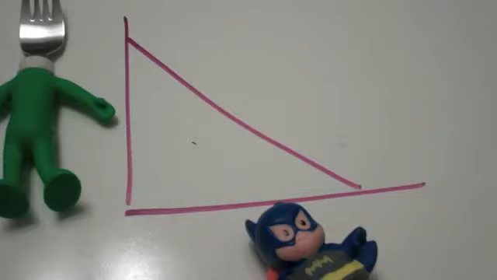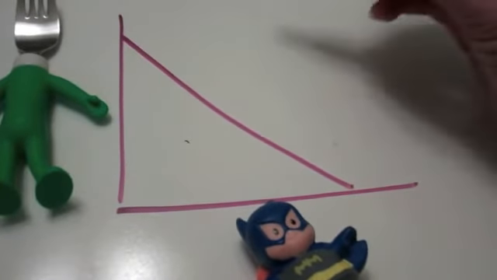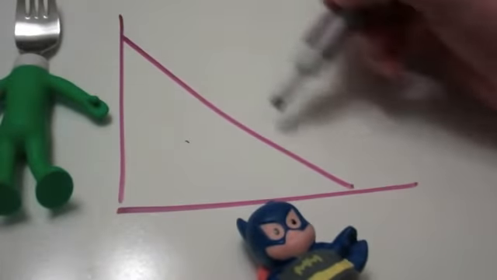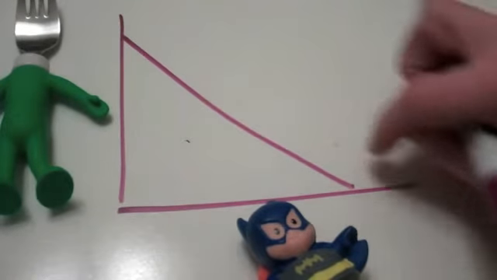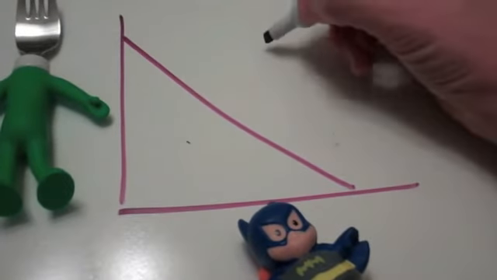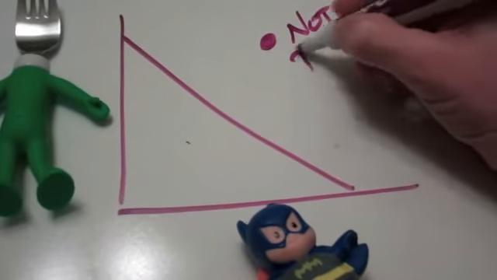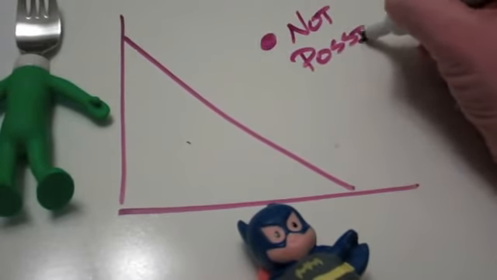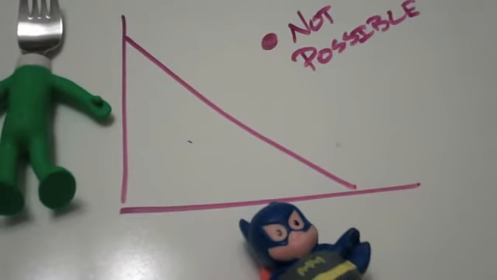And here's why. The reason why, through the magic of video editing here, I have a new graph, is that this line, being the production possibilities frontier, is the maximum that I can produce. That's it. Can't go any more. So anything out here, not possible. Now, what this does mean is that anywhere on that line is possible and efficient.